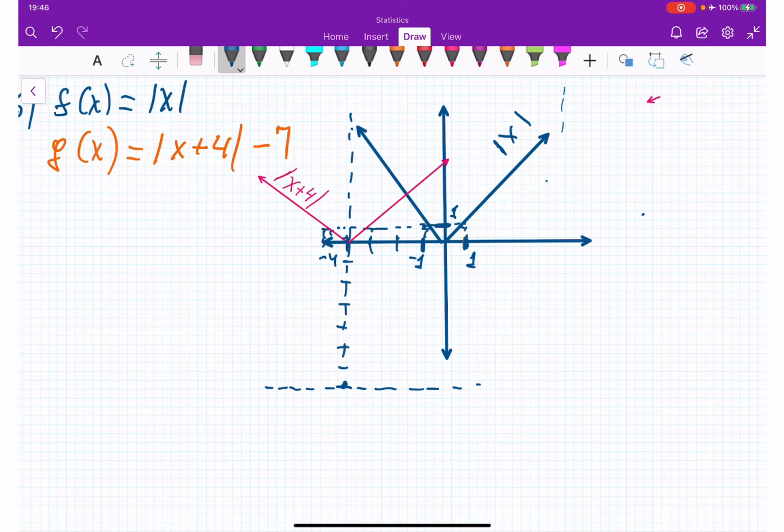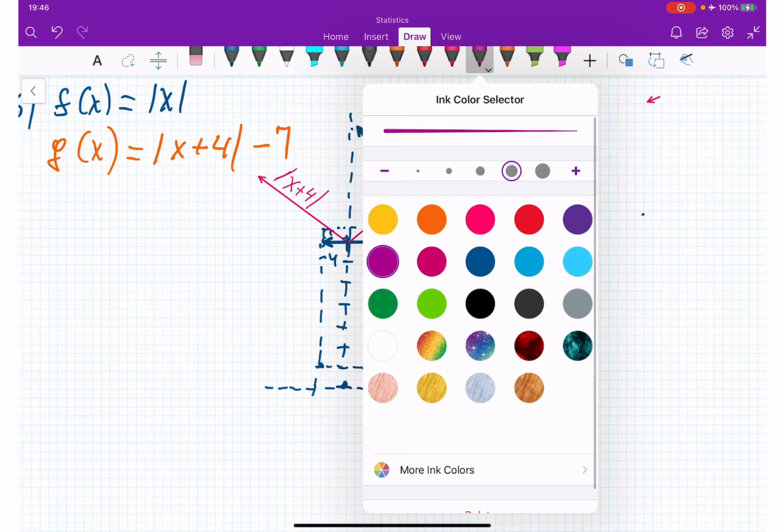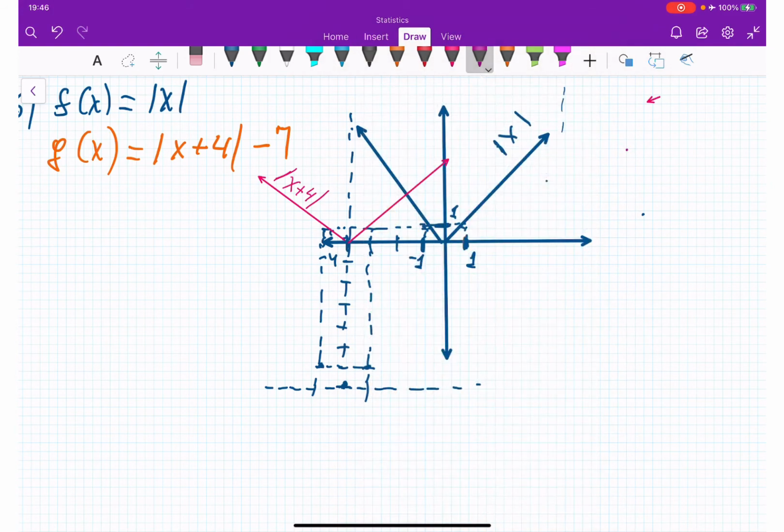This is going to be minus 7, which means I'm bringing down this, okay, and by 1, so these 2 points, okay, and my final graph is gonna be this one, and this one.